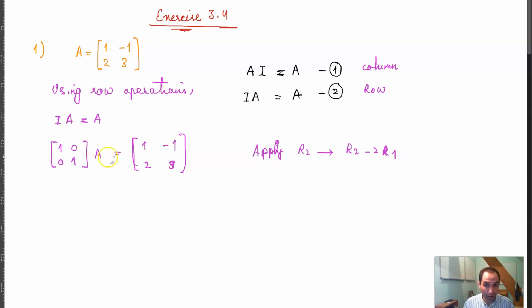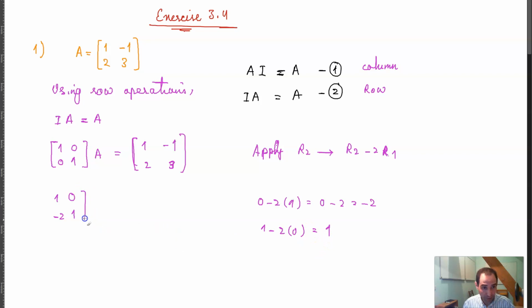Let's do it, let's see what happens. So over here R1 is the same, 1, 0, and R2 is 0 minus 2 times 1, which is equal to negative 2. And then you have 1 minus 2 times 0, which gives you a 1 again.